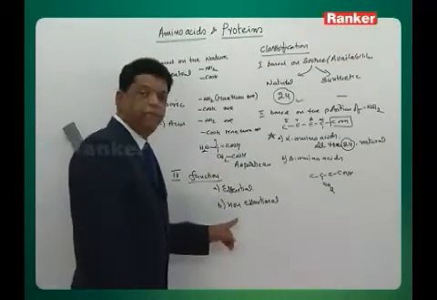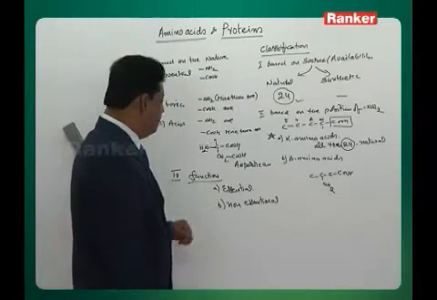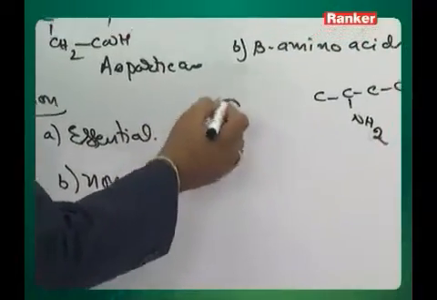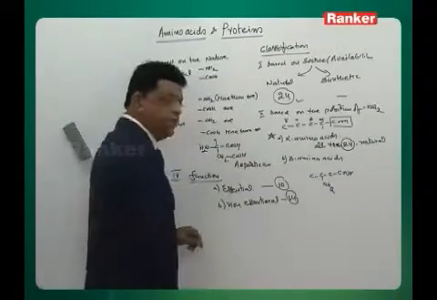Non-essential means it looks like it is not necessary for the human body, but it is also studied that out of 24, 10 are essential and the remaining 14 we can classify as non-essential.